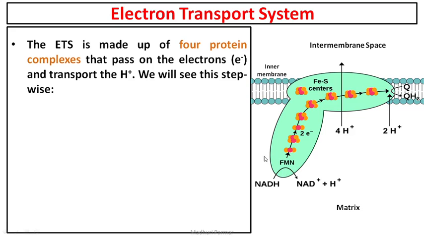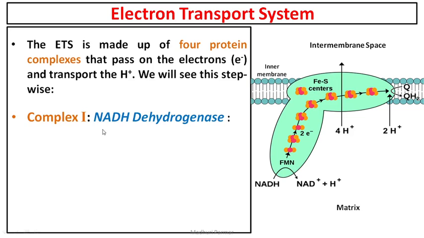What is the function of these complexes? They pass the electrons, E minus, and they transport H plus. It is like passing the parcel: you take an electron from one side and pass it to the next one, and you transport H plus during the whole process. We shall see all of these 4 protein complexes one by one.